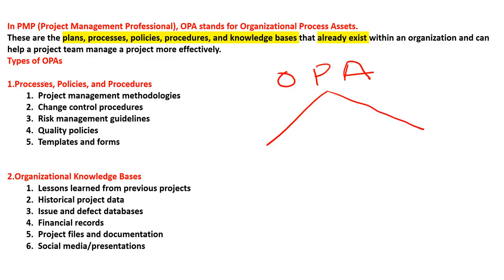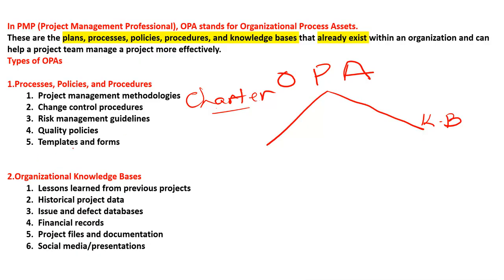These are the policies, processes, procedures, templates, and the second one is known as the knowledge base. Suppose you are working on a project and you want some template. Suppose you are new in the organization and you want to make a charter, so you can get the charter template from the OPA, not exactly the charter, the template of the charter.